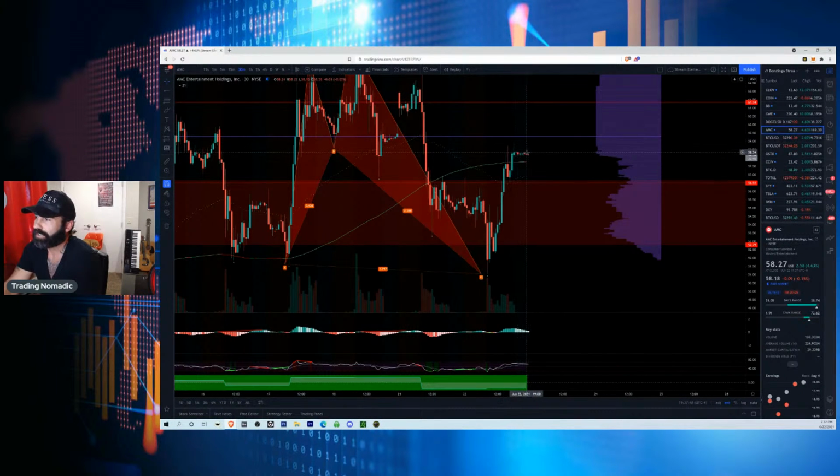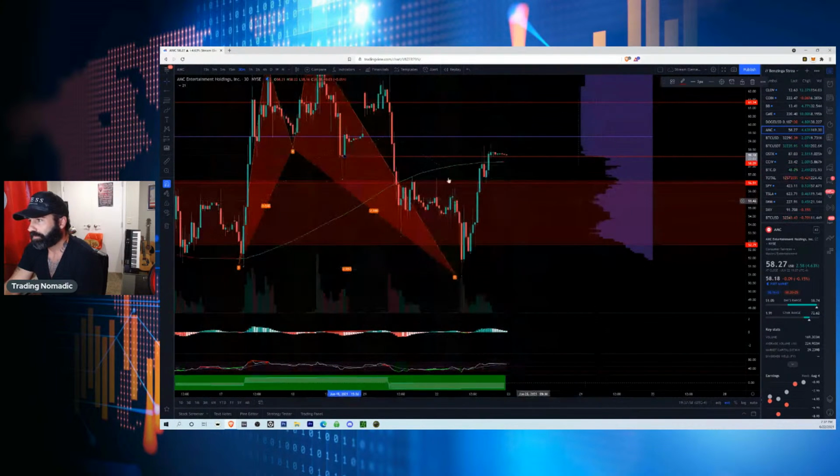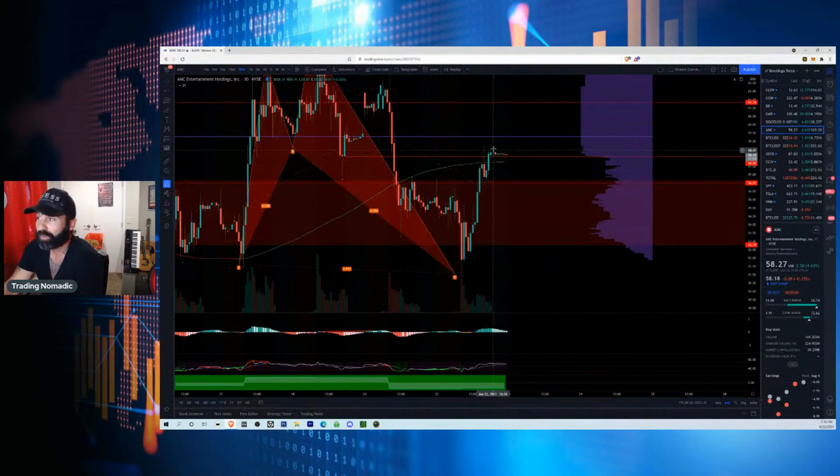You got this consolidation going on. But what I like about that, and this could be a bullish indication, right? Because you broke this old support, which was acting as resistance now. You broke above it. Not only did you break above it, but you closed above it, and you are holding it through the after hours.